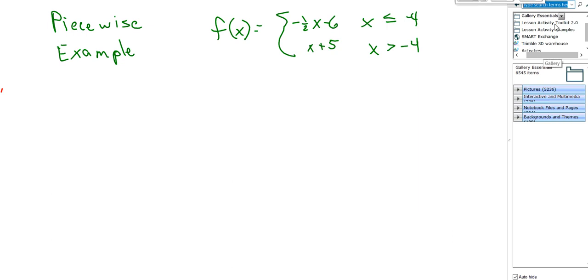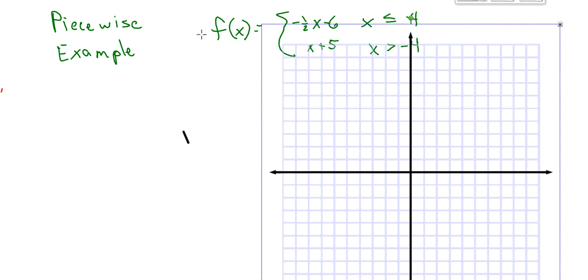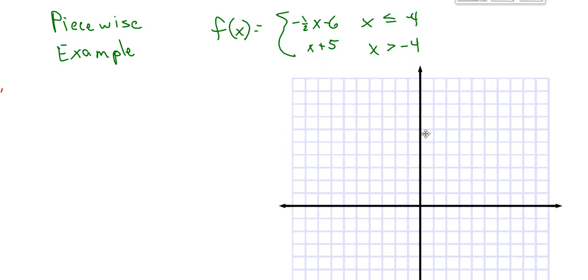Oops, let me find my graph paper I should have here. And I think we'll graph this piecewise function. Let me get rid of that little thing there. So, we can pretend for this first part that we're just looking at this.